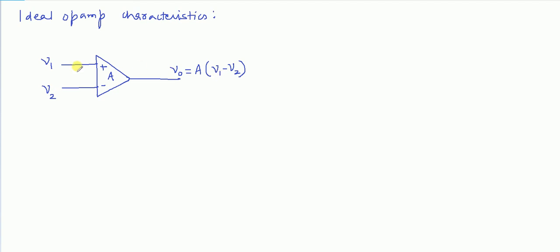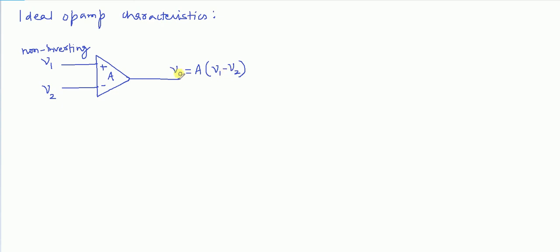This V1 is in phase with output voltage, so this terminal is called non-inverting terminal. And this V2 voltage is 180 degree out of phase with output because of this minus sign.